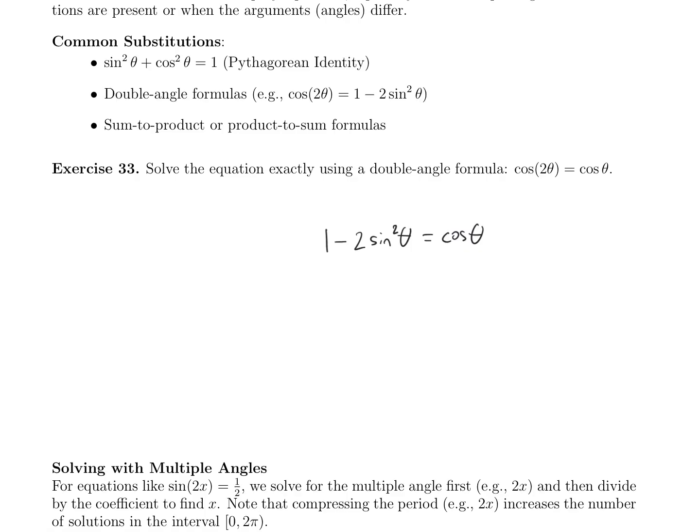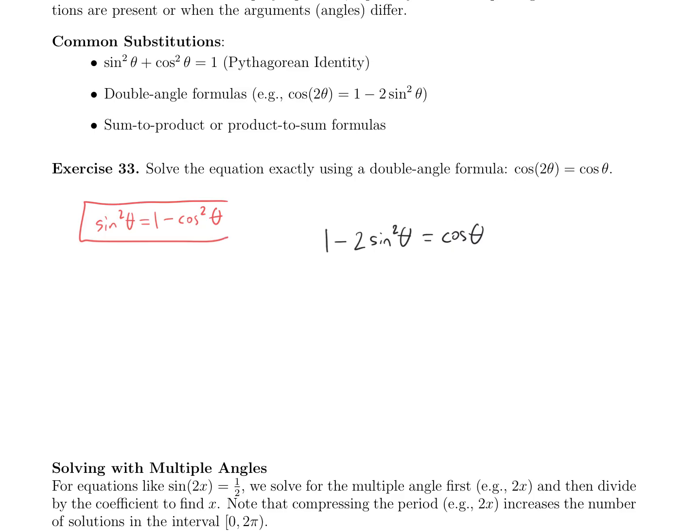And similar to the previous problem, we don't want sines and cosines in the same equation. So we're going to use the same exact identity that we used last time. Let me rewrite it for you so you recall it. Sine squared theta is equal to 1 minus cosine squared theta.